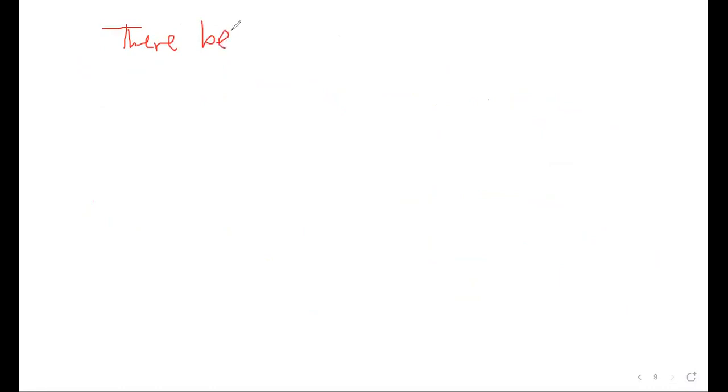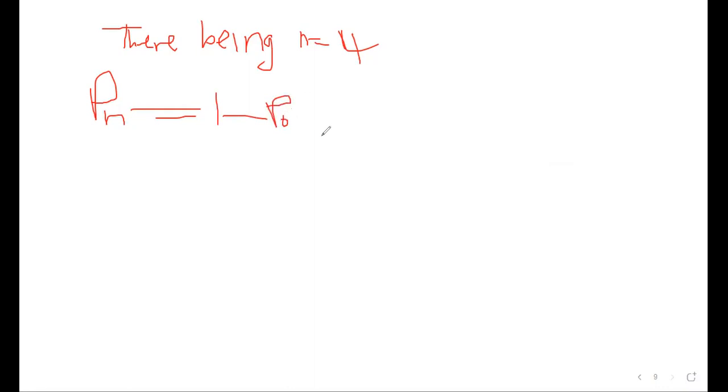Now, if we ask the question, what's the probability of there being n equal to one customer, in fact 4 customers? Pn is equal to 1 minus Po, then Po to the power n.